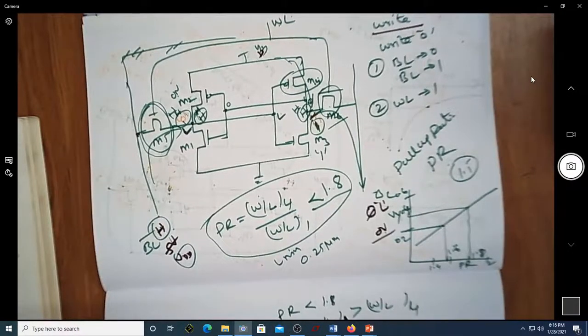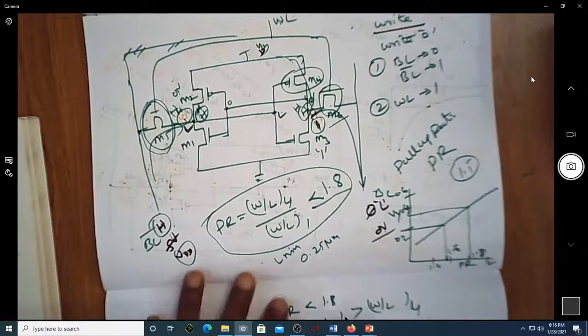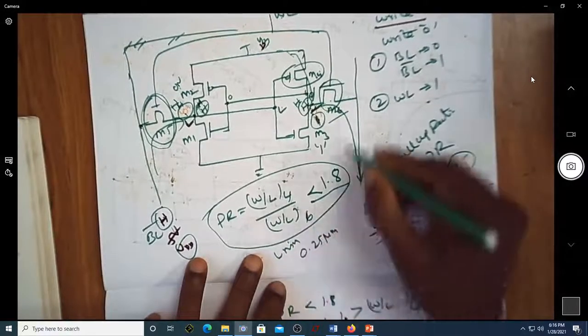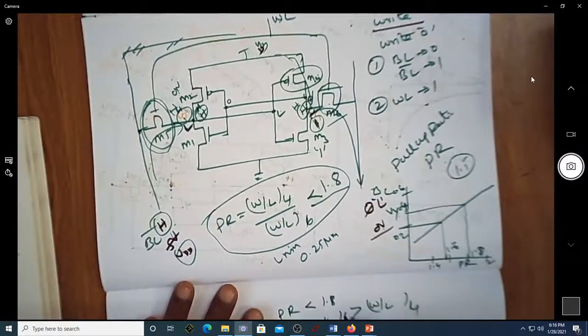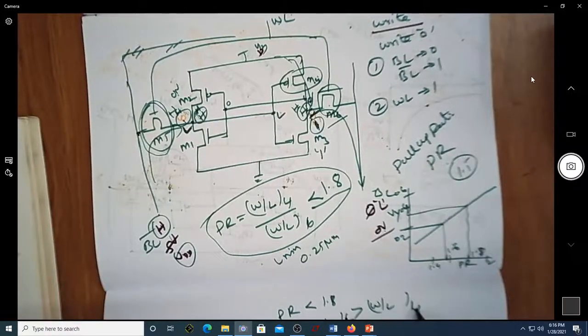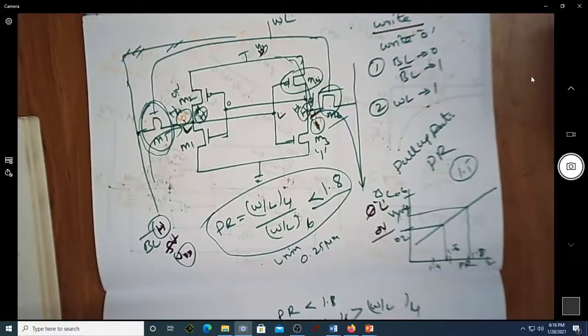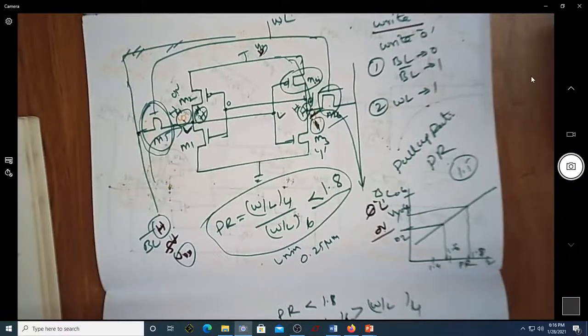Sorry, this is not 1, this should actually be 6 here, M6. Okay, fine. So what do you mean by W by L of 6 being greater than W by L of 4? This actually ensures that the resistance offered by the 6th MOSFET should always be lesser than the resistance offered by the 4th.